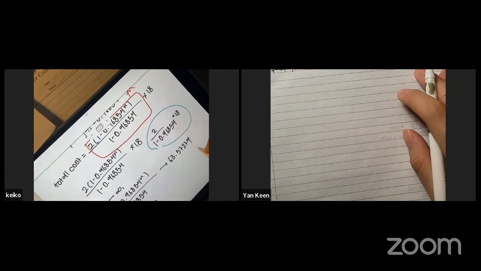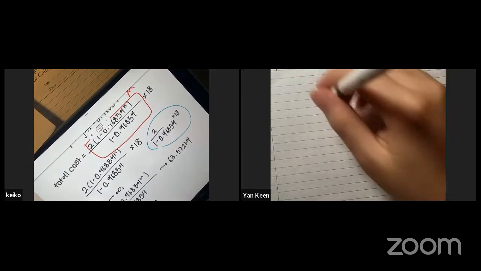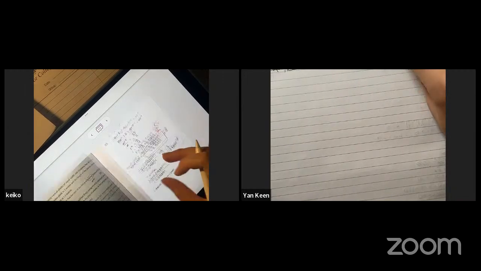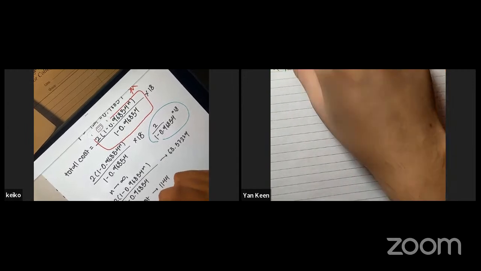Okay, so let's use your number just now, right? You're basically claiming the expected value of batch rejection per week is 0.46. Meaning I expect to reject 0.46 batch every week.